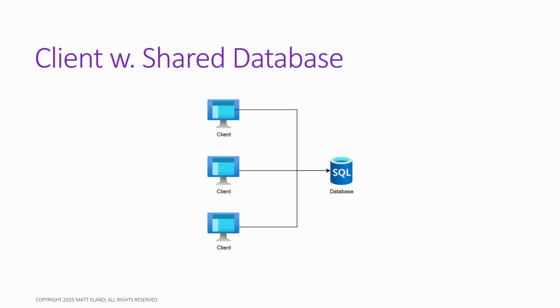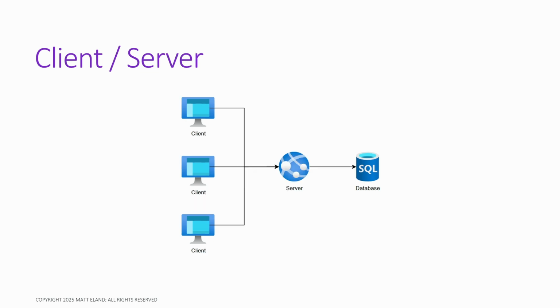So to help deal with this, we've switched to more of a client-server architecture where you have a bunch of different client applications communicating with a server. The server acts as a bit of a buffer between these clients and your databases. This is really good from a security perspective because you no longer need to store secure connection information in the clients, or even have the clients able to touch the database at all.